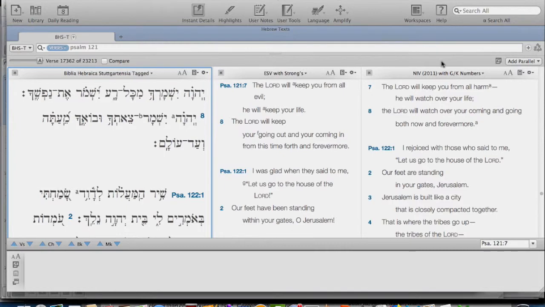So I've opened up the ESV and the NIV, and as you can see, the Lord is the subject, and that's what it is in the Hebrew sentence also. But don't forget, you can use this technique essentially to annotate or critique English translations. So Yahweh, proper name, it's nominative, and it's the subject.